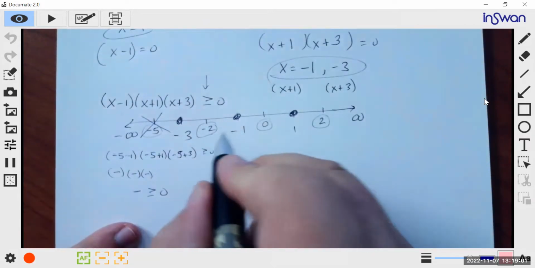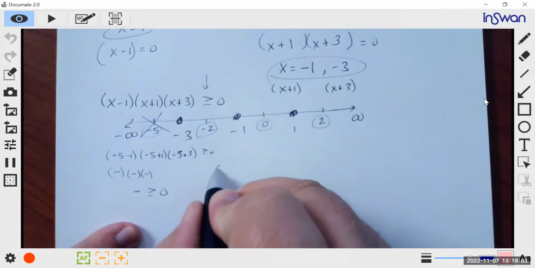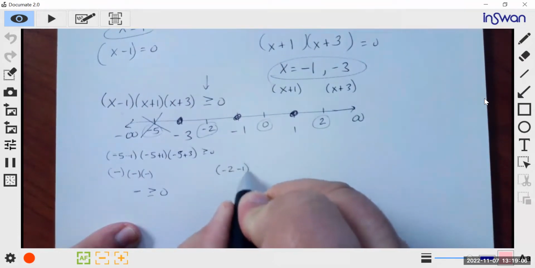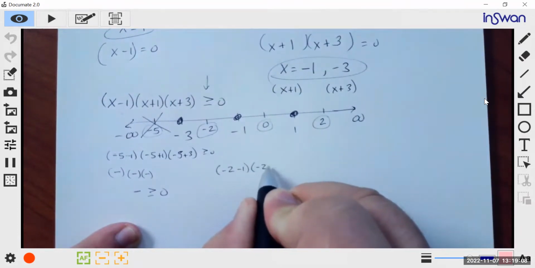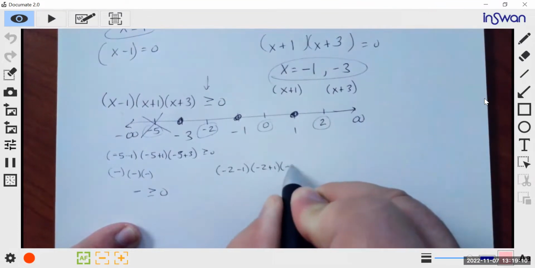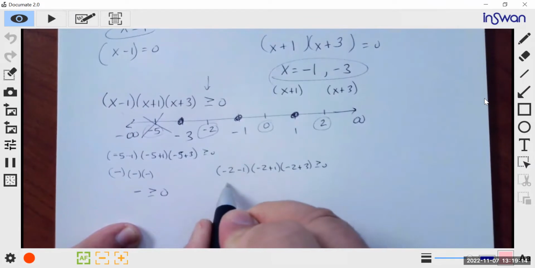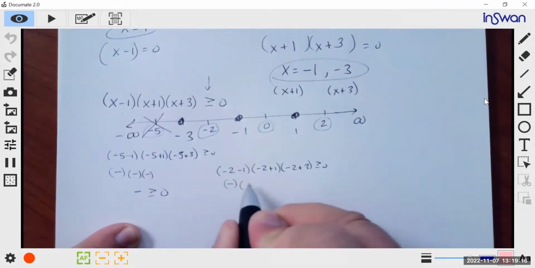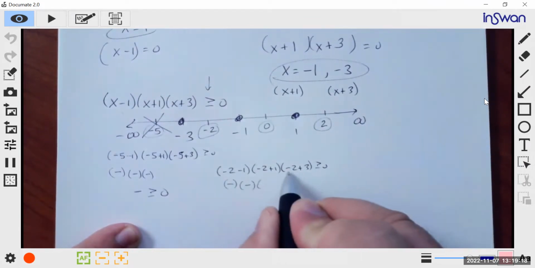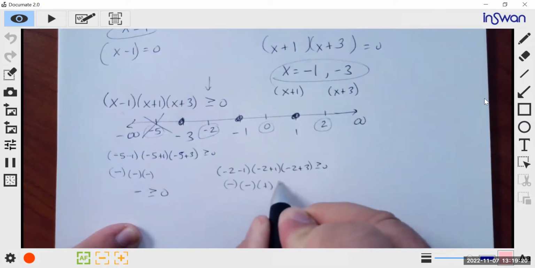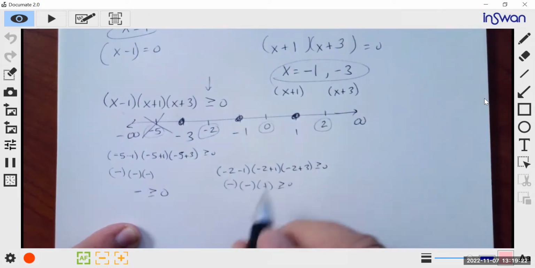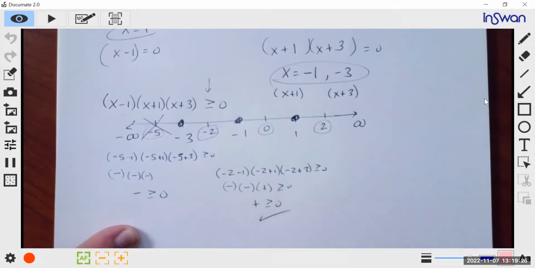Let's try -2. -2 minus 1, -2 plus 1, -2 plus 3. Is that greater than 0? -2 minus 1 is negative. -2 plus 1 is negative. -2 plus 3 is a positive. Negative times negative is positive, times positive. So that one works.